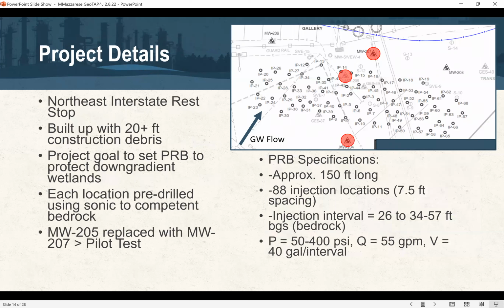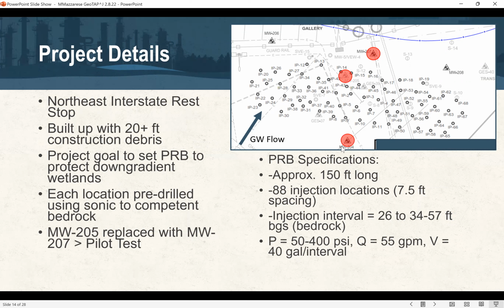The reason we needed to use pre-drill on the site is that we had about 20 feet of construction debris. And so sonic was used at each of these locations that you see here, down to competent bedrock.